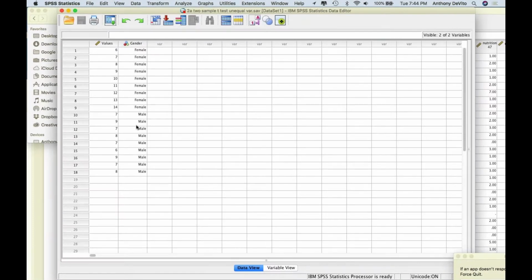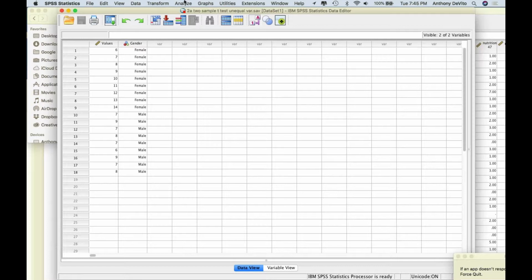Notice female and male. Notice how SPSS organizes the data differently from Excel. You have two variables. Each person has a number and a gender. So instead of two separate columns of numbers, male and female, now you have a column of numbers and a column that indicates gender. That's how SPSS is going to organize this data.